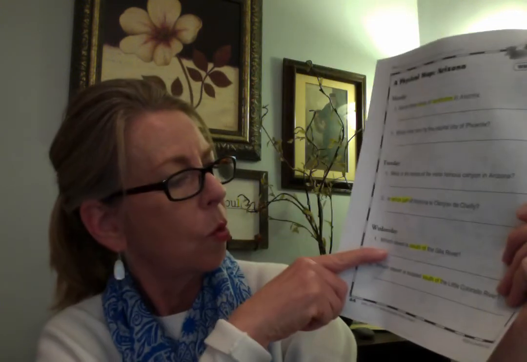Okay, now we've gone through this before, but this is always a little bit tricky, okay? It says, which desert, this is number 1 on Wednesday, which desert is south of the Gila River? We say Gila, even though it's a G, Gila River. Okay, south of the Gila River, which desert is south of the Gila River? So what that means is you have to find the Gila River, okay?